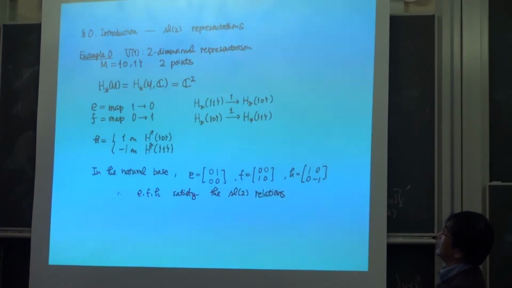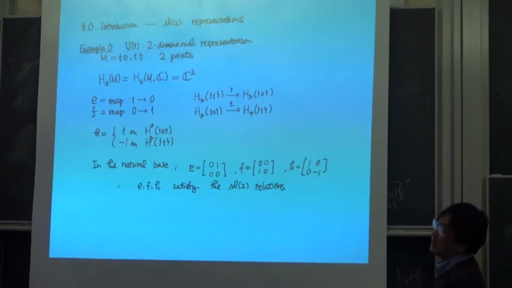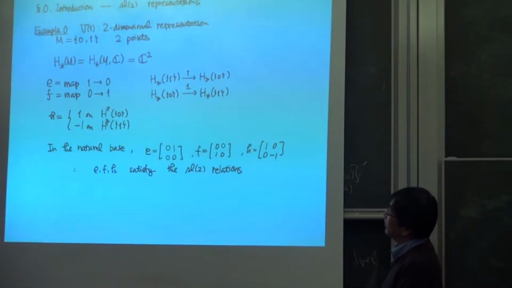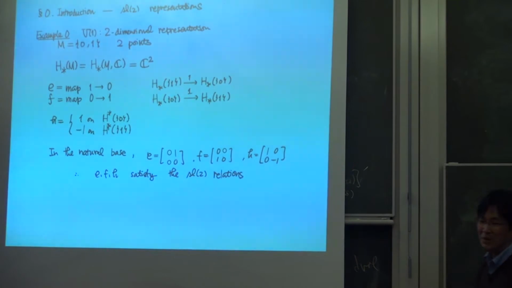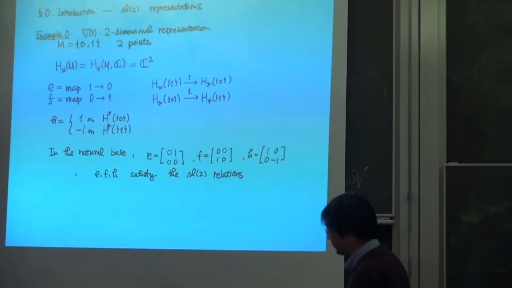So let M be 2 points, I name them 0 and 1. Then take its homology group. I prefer to use homology group rather than cohomology group, but of course, this is a manifold, so you have Poincare duality. Of course, 2 points is too simple to consider as a manifold, but anyway.